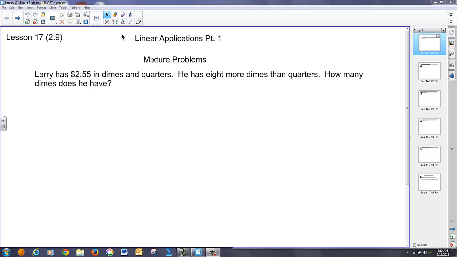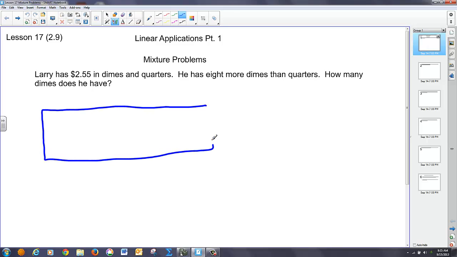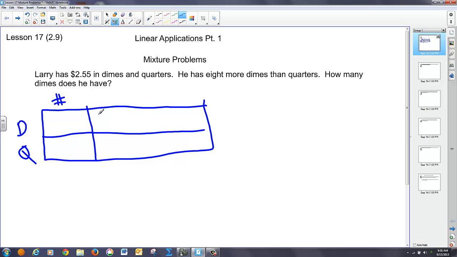What I like doing is setting up a chart. So what I'll do is I'll say, all right, what I've got is dimes and quarters, and I have a number of dimes and a number of quarters.